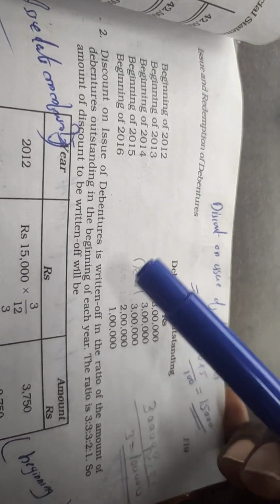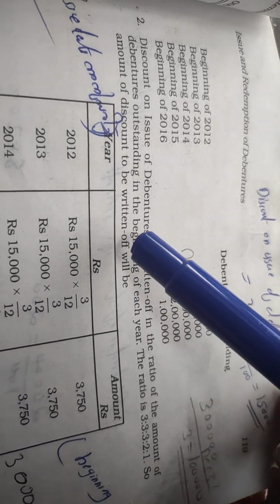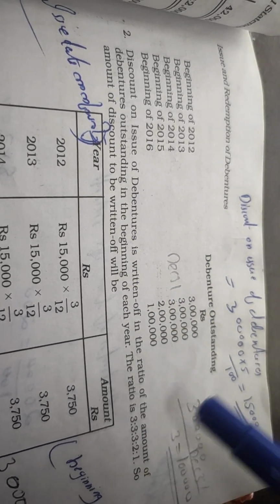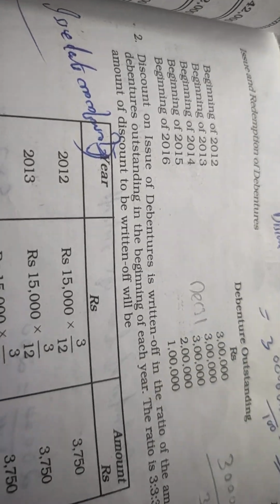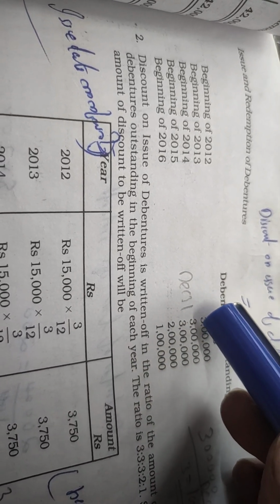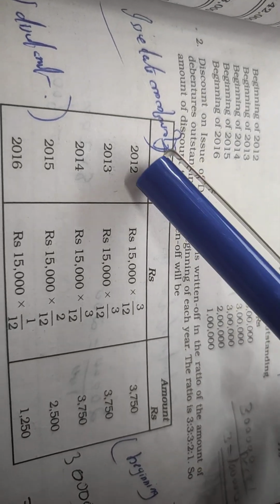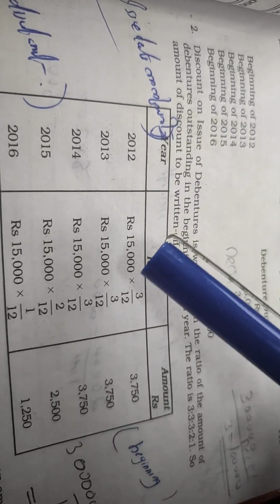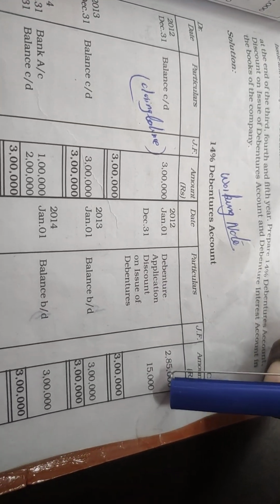So the discount on issue of debentures is to be written off in the ratio of the amount of debentures outstanding in the beginning of each year. The ratio will be 3:3:3:2:1. That is, we are deleting all zeros. So the remaining will be like this. So on 2012 discount will be 15,000. 15,000 is the full discount value of debentures.